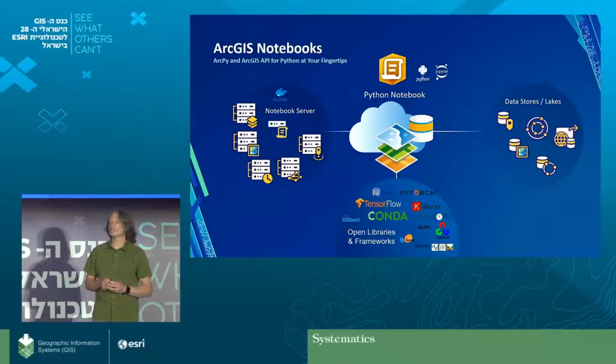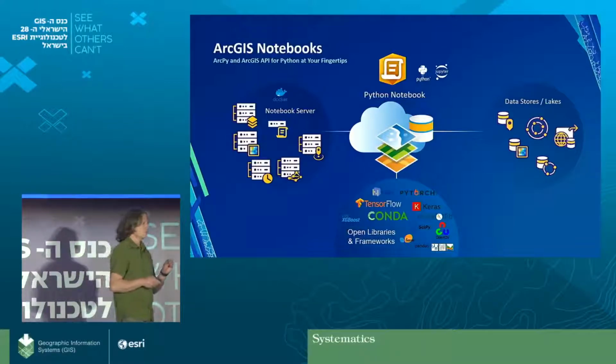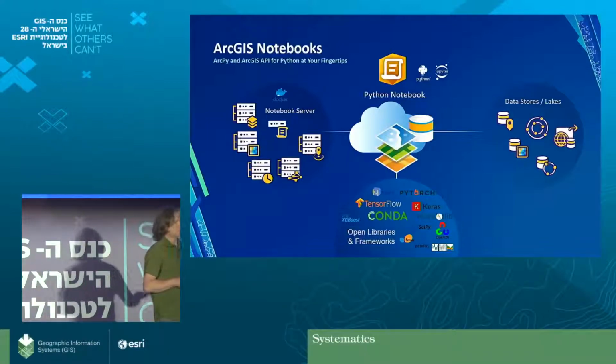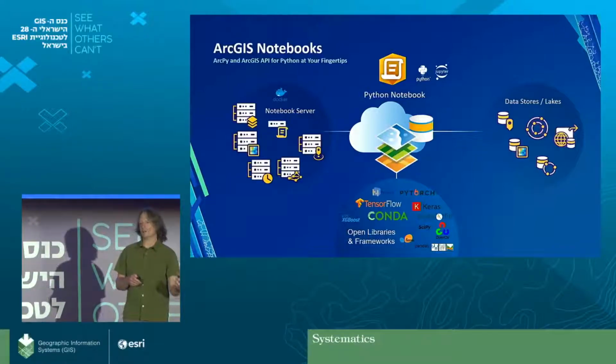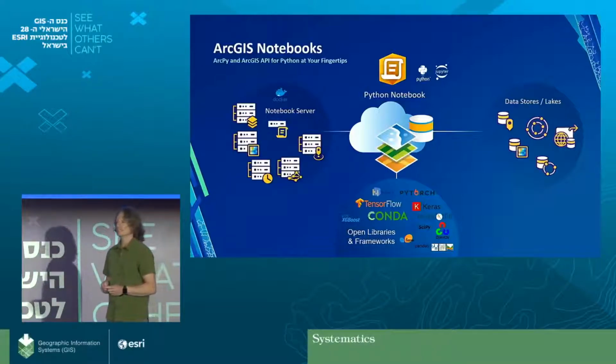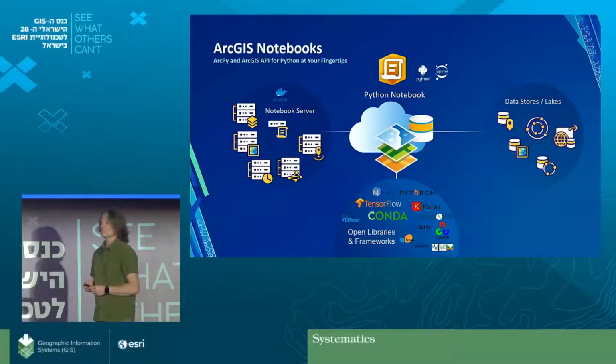Because that allowed us to not only include the Python API in third-party libraries, for the first time, we could pull ArcPy tools directly inside of the notebooks to provide a very, very rich environment for you to perform your analysis on.